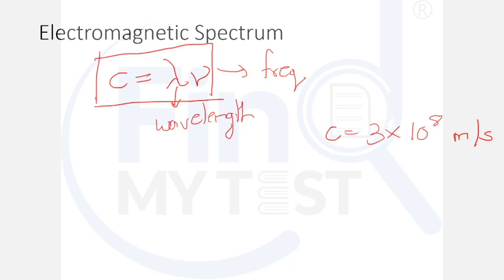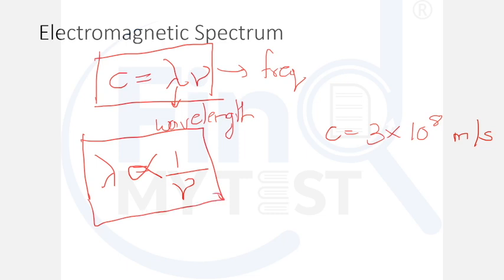Based on this equation, we can say that wavelength is inversely proportional to frequency. These two formulas are very important. Questions are asked based on this, mostly application-based questions. So remember this: as C is constant, wavelength is inversely proportional to frequency. As wavelength increases, as lambda increases, frequency would be lower.